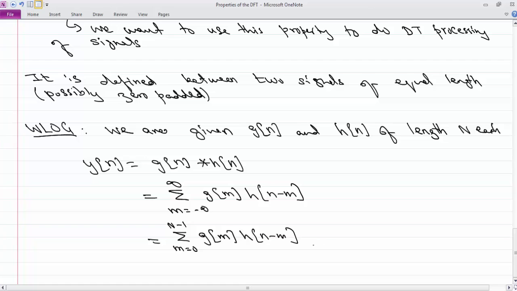Now, the length of the linear convolution of two sequences is bigger than the length of either one of those two sequences. In particular, the length of this linear convolution will be 2N minus 1. Right? Length of one sequence plus the other sequence minus 1. So n will go from 0 to 2N minus 2.